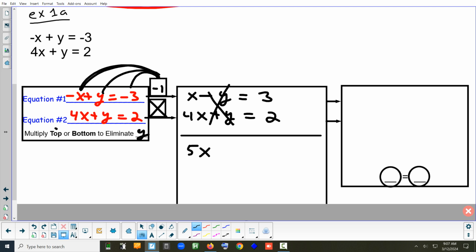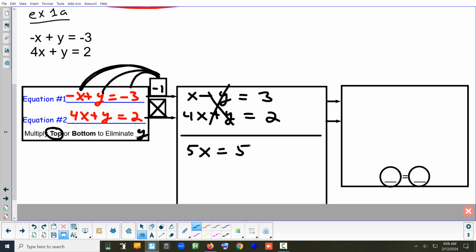We multiplied the top equation to eliminate the y. All right, so that's gone. Now we have equals. And what do I get on the other side here? Yep, so 3 plus 2 gives me 5.